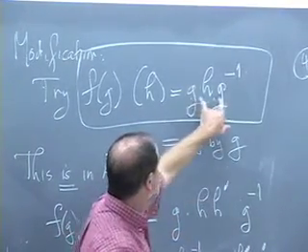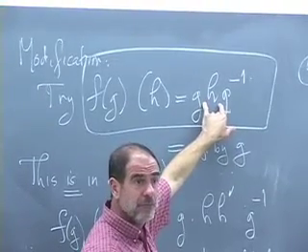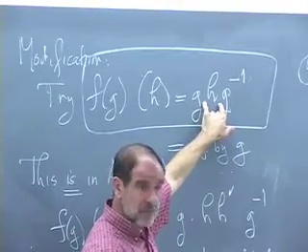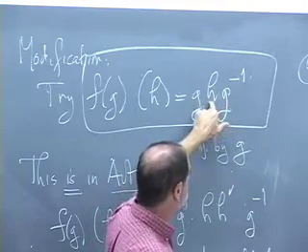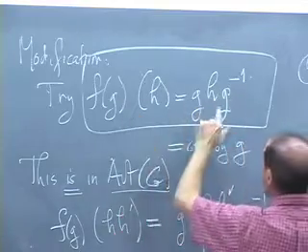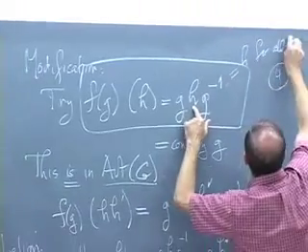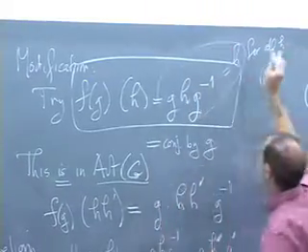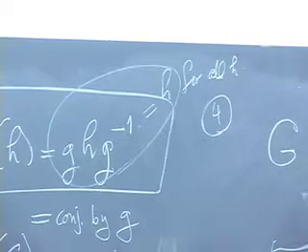What does it mean that this element is equal to h for all h? That's what I would have if I had the trivial automorphism, namely, it would take every element in the group to itself. So I'm looking for the elements in G such that this is equal to h for all h. That would be the characterization of being in the kernel of this map.